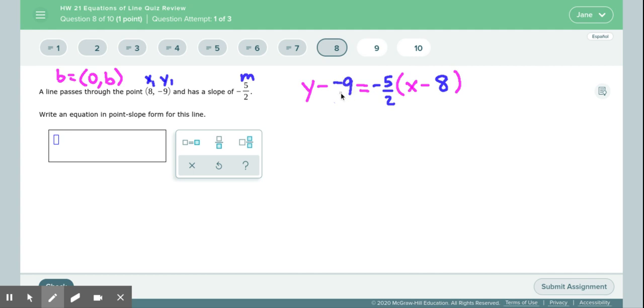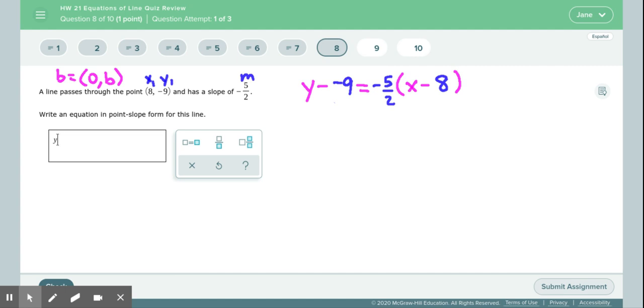There's only one thing that I need to do before I type this in. If I have y minus negative, notice how it wants a number here and then a number here as well, but I don't have a number separating those two signs. What that means is, if I have a double negative in English, like "I will not be hungry today," it means that I am going to be hungry.